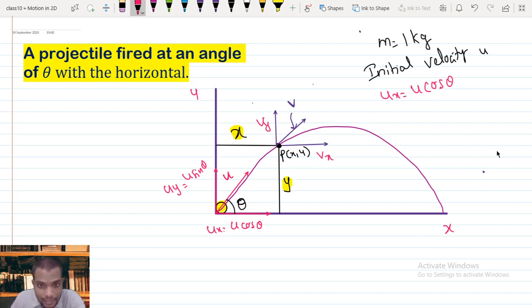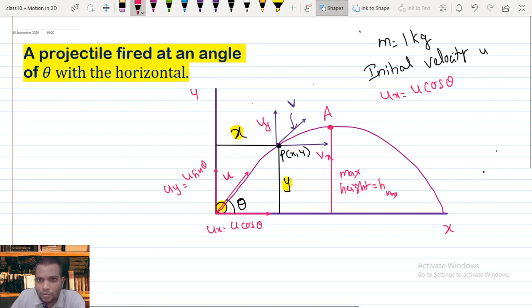Now here the projectile angle changes. You should remember that the projectile angle changes. Suppose this is the maximum height of the projectile. If you measure from the x-axis throughout the motion, this is the maximum height, which I mention as h suffix max.